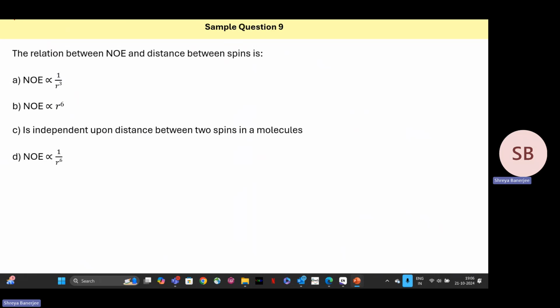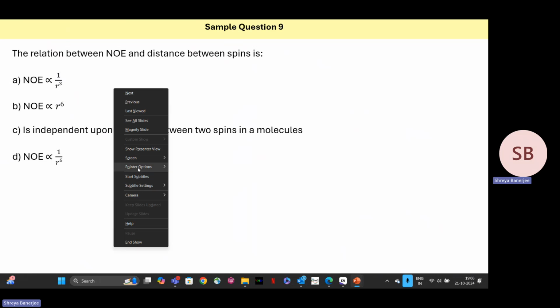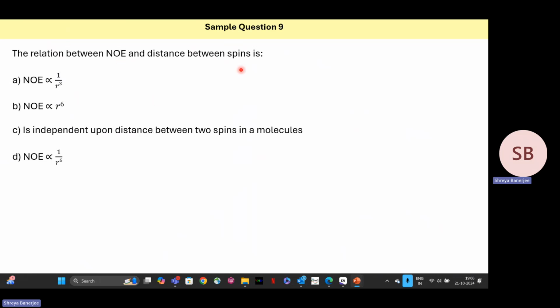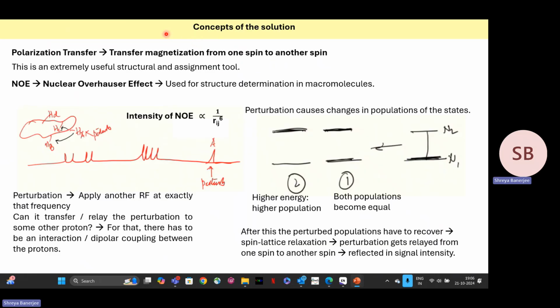Now the question is asking what the relation between NOE and the distance between spins is. So we know that NOE is basically polarization transfer, that is the transfer of magnetization from one spin to another. It stands for nuclear Overhauser effect. Suppose we have a compound with many spins near each other.